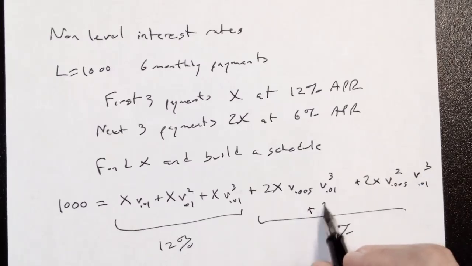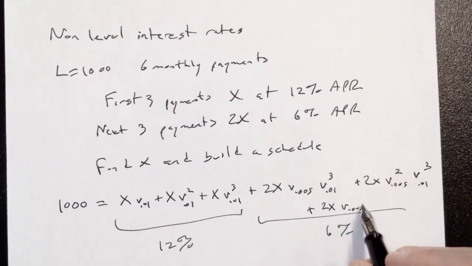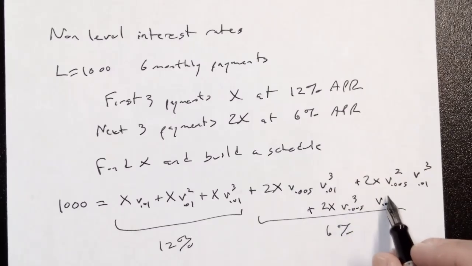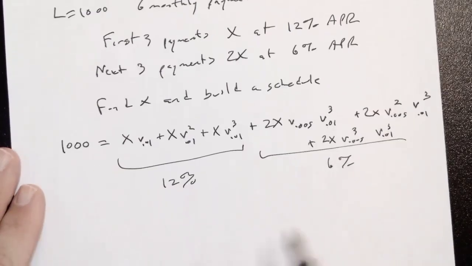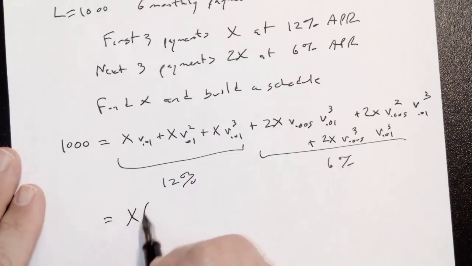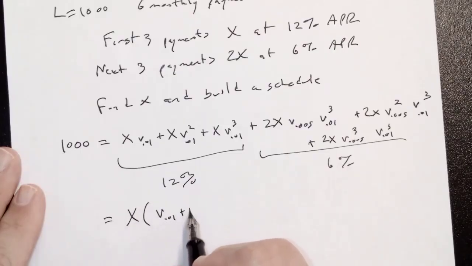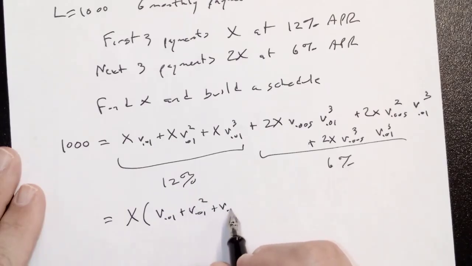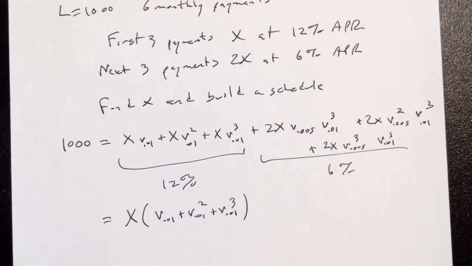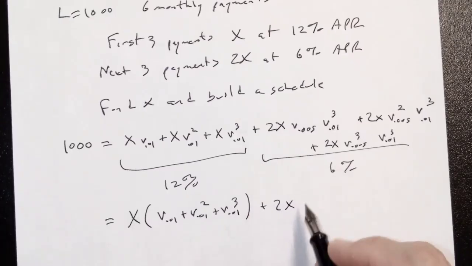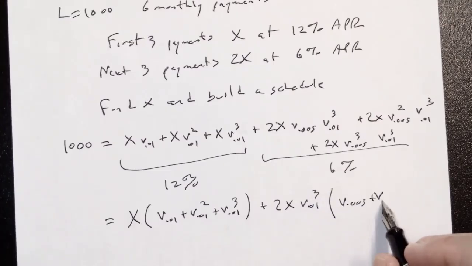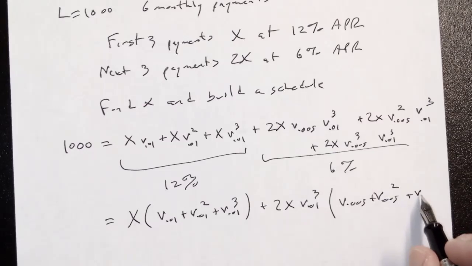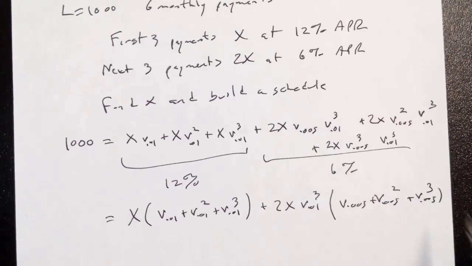And then my last payment, V.005 cubed, V.01 cubed. I'm going to do the factoring out here. And when I do the factoring out here, I get V.01 plus V.01 squared plus V.01 cubed. Here, I get 2x V.01 cubed and then V.005 plus V.005 squared plus V.005 cubed.